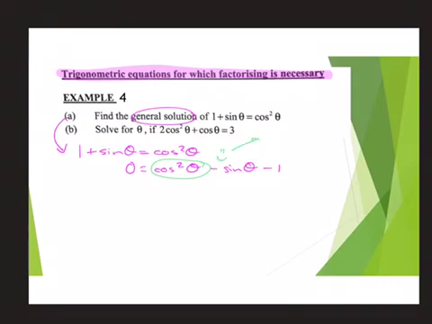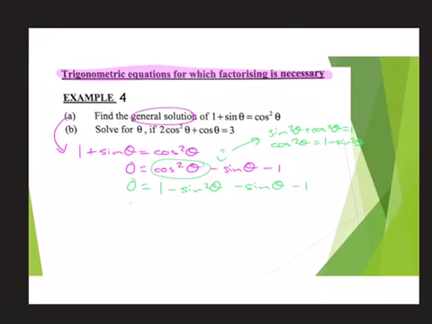Yes, there is, because sine squared theta plus cos squared theta equals 1. So cos squared theta is 1 minus sine squared theta, which we've said before. So 0 equals 1 minus sine squared theta minus sine theta minus 1.